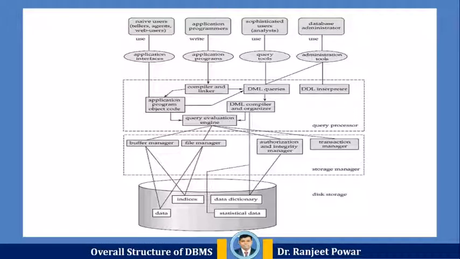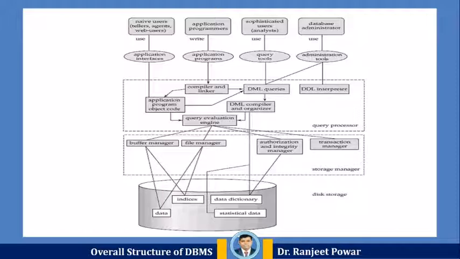At physical disk storage, various data structures are used. Data files store the databases. The data dictionary stores metadata, that is, data about data, the data about the structures of databases.